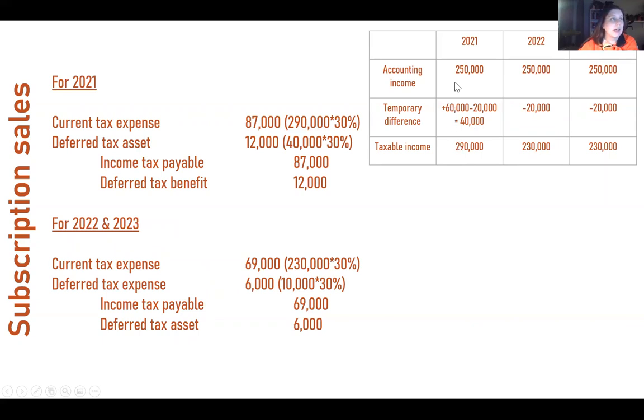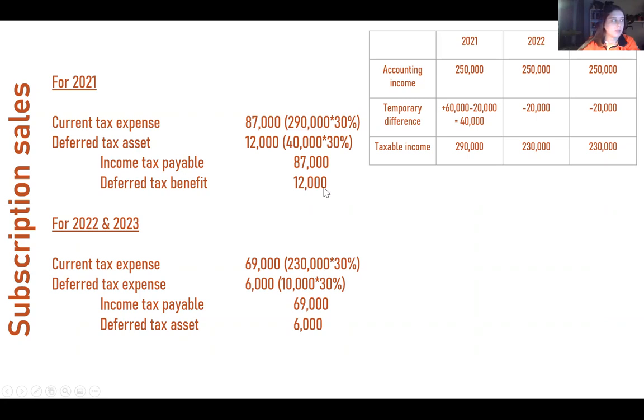Here, since your taxable income is greater than your accounting income, you're paying more taxes this year, and you're going to be paying less taxes in 2022 and in 2023. So you can see it like a receivable, since you're paying less taxes later. And so you're going to set up an asset. The asset is going to be your temporary difference times your tax rate, so $40,000 times 30%. And then you're going to have your income tax payable account and your deferred tax benefit account.